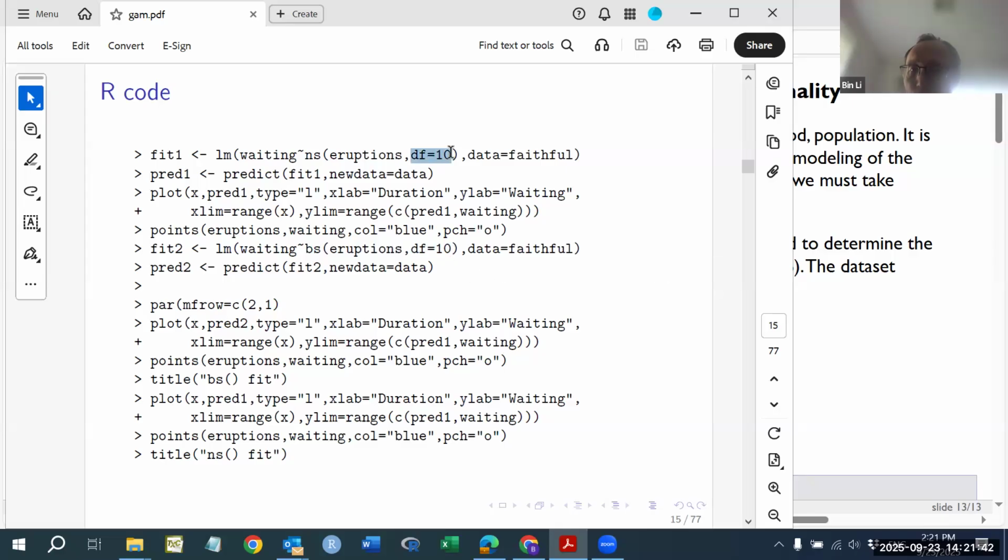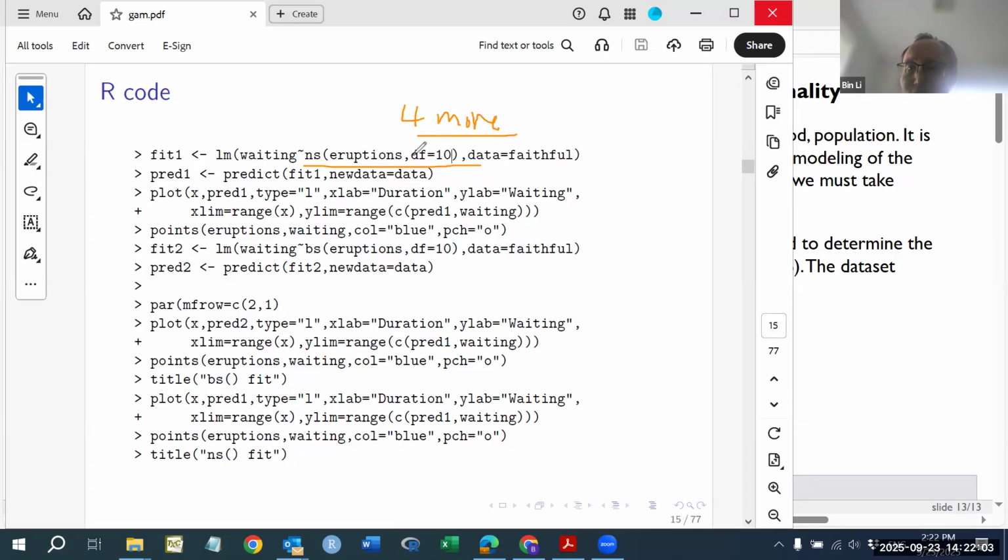So both are 10. So they have the same degree of freedom. So how many extra knots can we have by using the natural spline? How many? We can have 4 more natural spline interior knots.